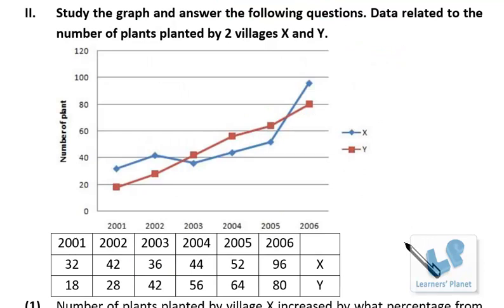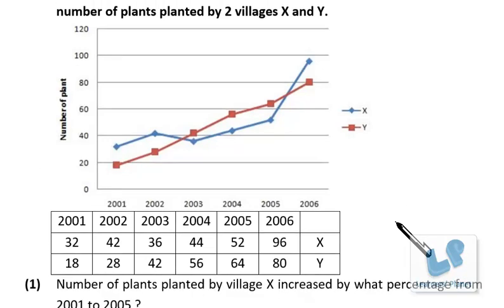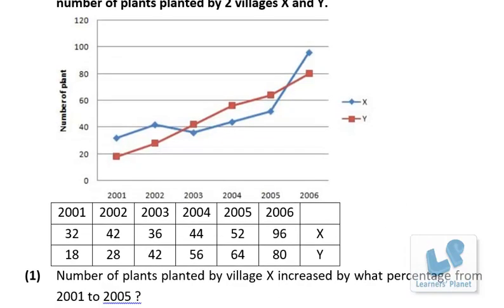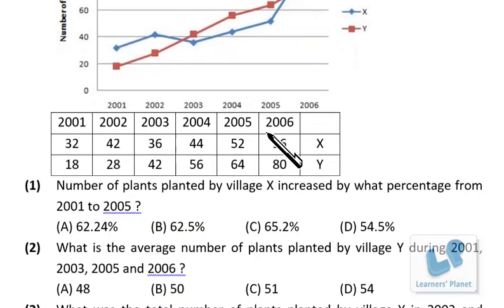Study the graph and answer the following questions. Data related to number of plants planted by two villages X and Y, from 2001 to 2006. Okay, and apart from that, the data has already been given over here. So even if we don't read the graph, it is perfectly okay. So try the first question.